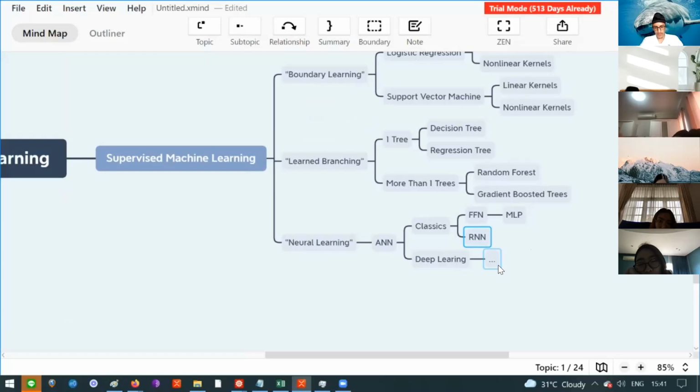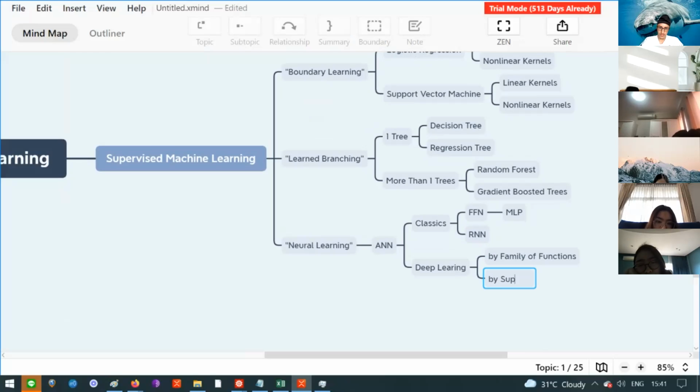Now with deep learning, I separate into a few families. With deep learning, there are actually 2 things: by family of function, and by super architecture.